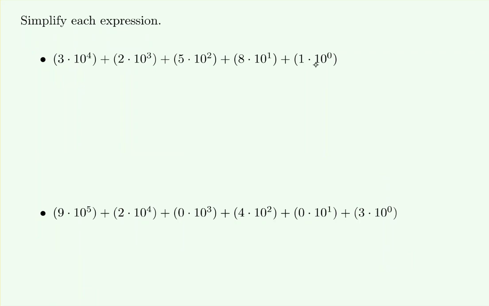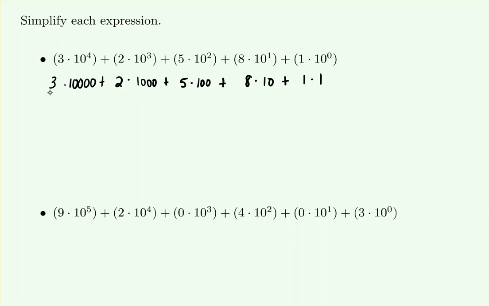If we check in our calculator and simplify each step, 10 to the 0 is 1, so this is 1 times 1, plus 10 to the first power is 10, so that's 8 times 10, plus 10 squared is 100. 10 times 10 is 100, that we are multiplying by 5, plus 10 cubed is 1,000, which we were multiplying by 2, plus this is 10,000, that we were multiplying by 3.